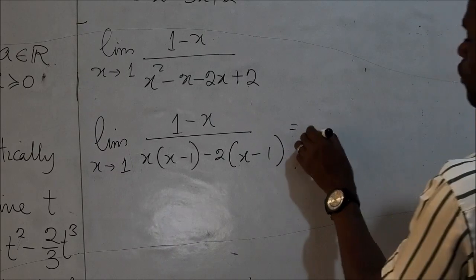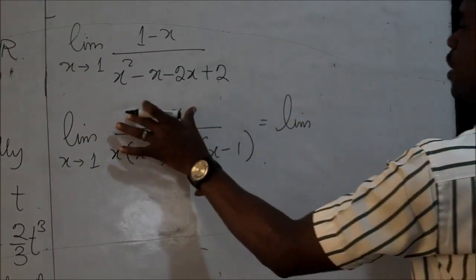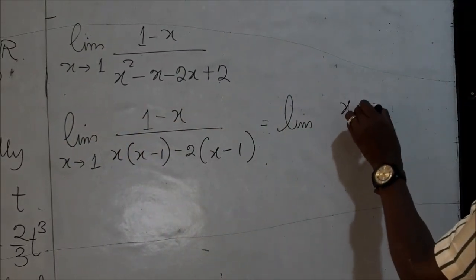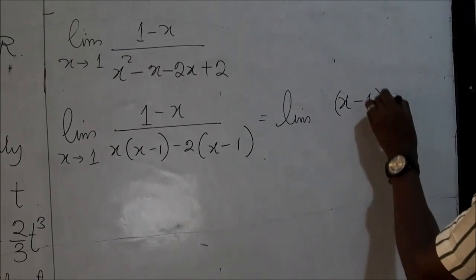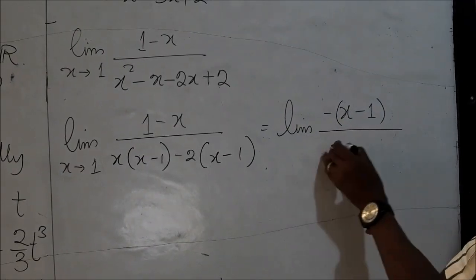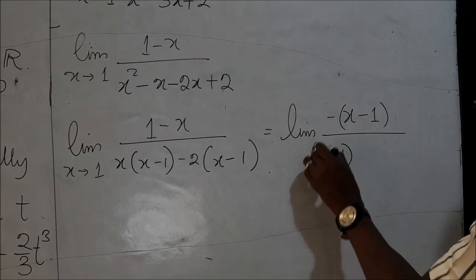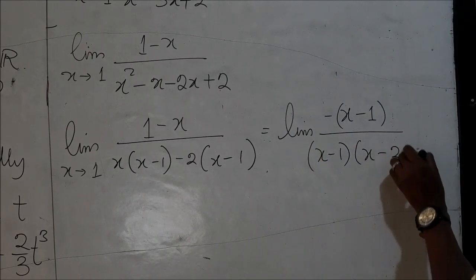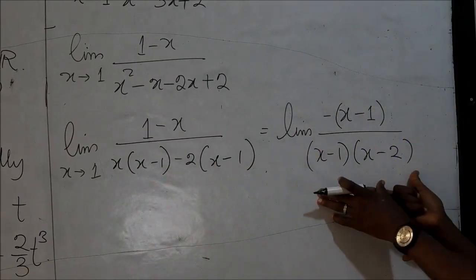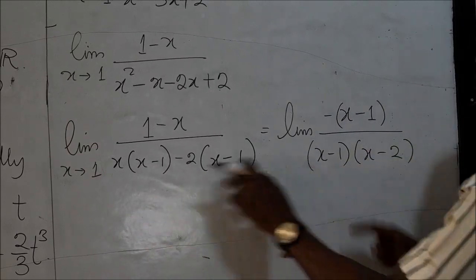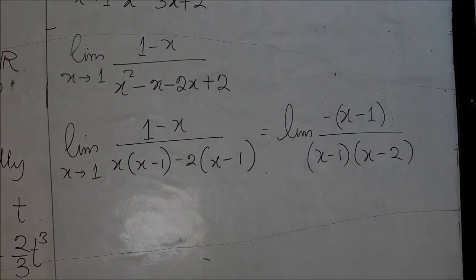So this is going to end up giving you the limit. I can rewrite this as x minus 1 divided by x minus 1 times x minus 2. So I can factorize this to give me this. Remember, x minus 1 is common, and I have x minus 2 left there.